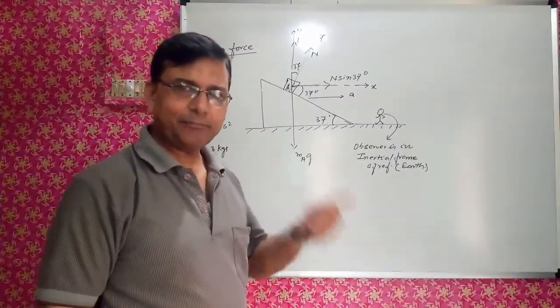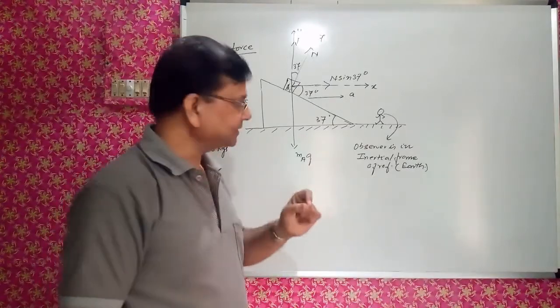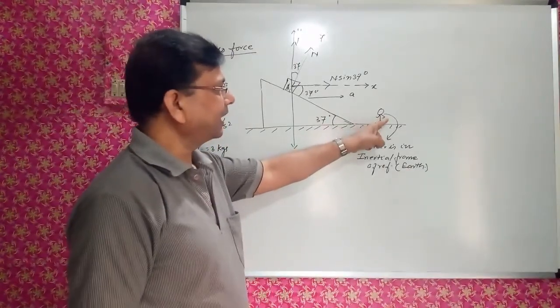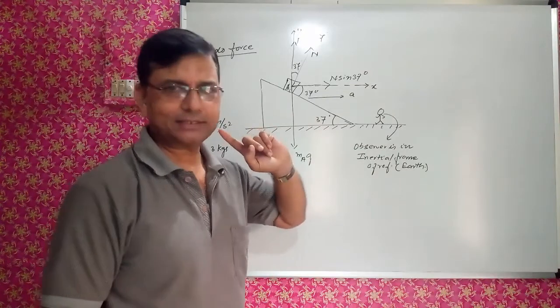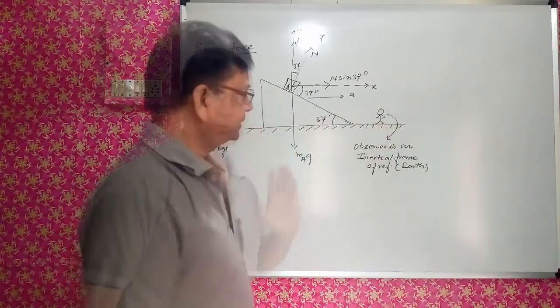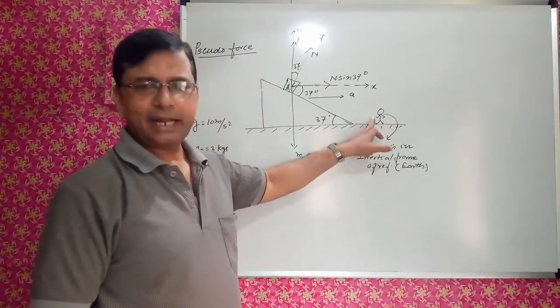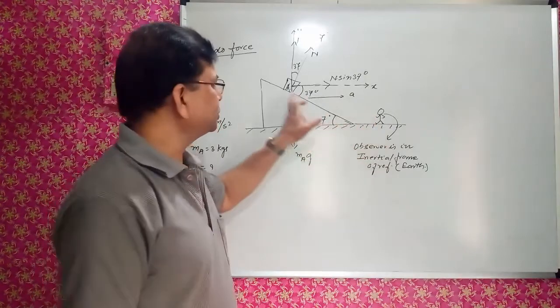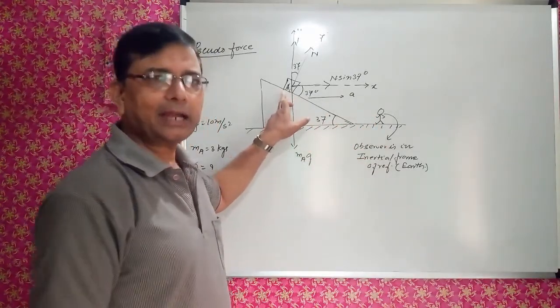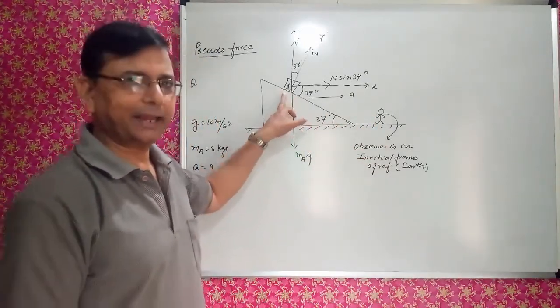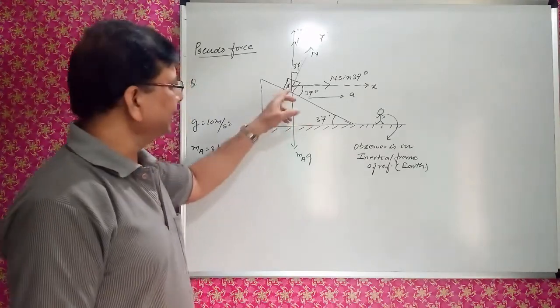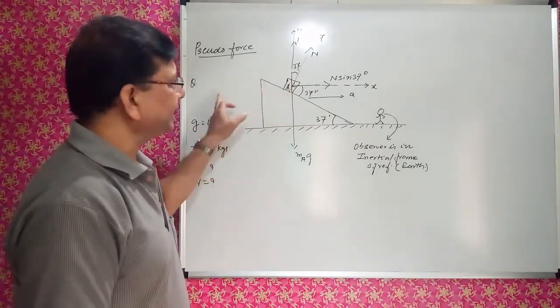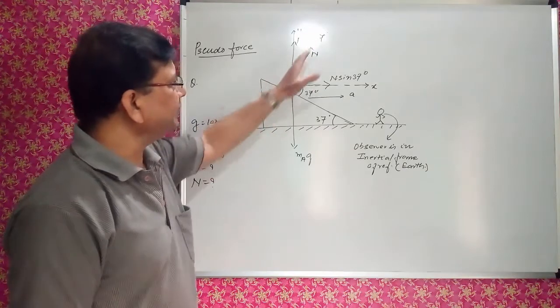Now see the same problem, but the observer is in an inertial frame of reference, that is, on the ground. Since the observer is in an inertial frame of reference, pseudo force will not be acting on this mass A. Got it? That is why this force will not be there. But the normal force will be acting.